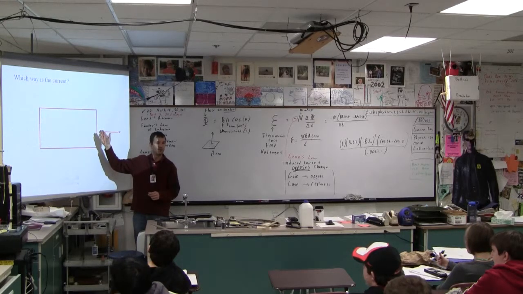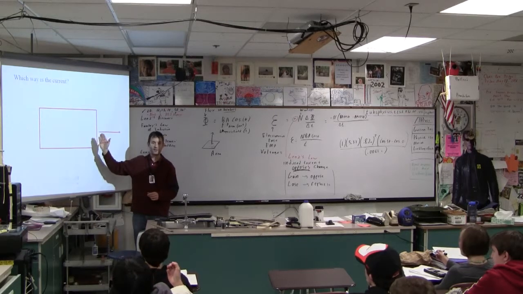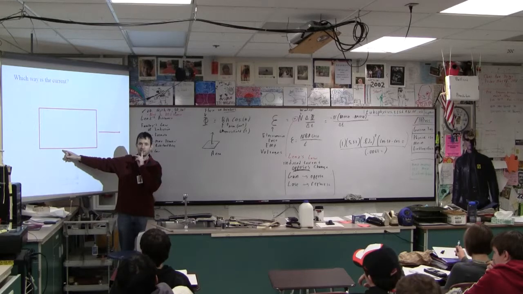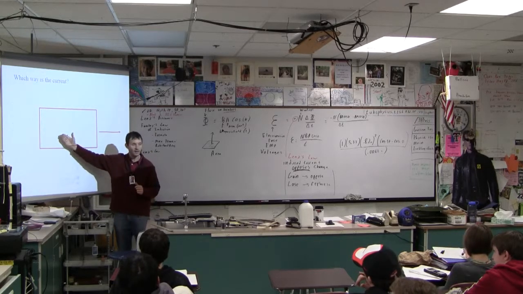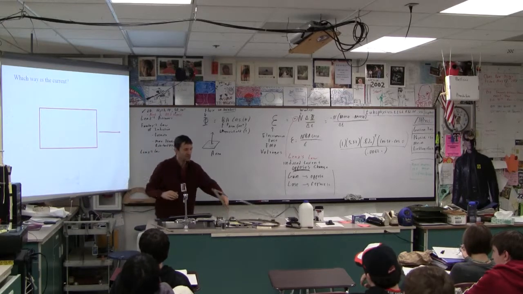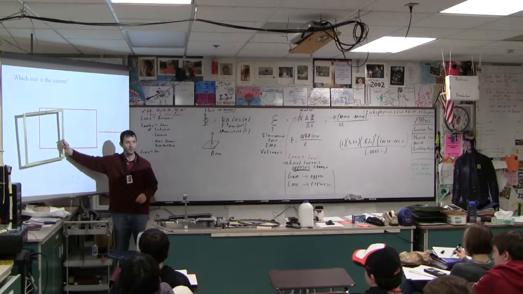Okay? Now, let's do some direction of current. In this example, are we gaining or losing flux? Losing. We're losing flux, and the reason, listen guys, is that it's now in the magnetic field, and when we pull it out, it's not in the magnetic field anymore. Okay? What if I take this thing though and move it around inside here, and any part of it leaves the magnetic field?